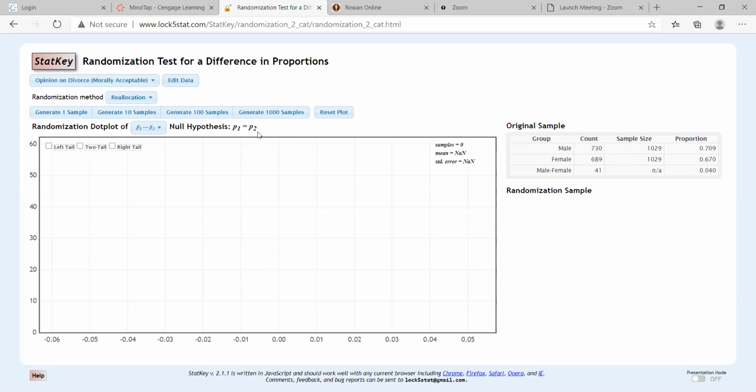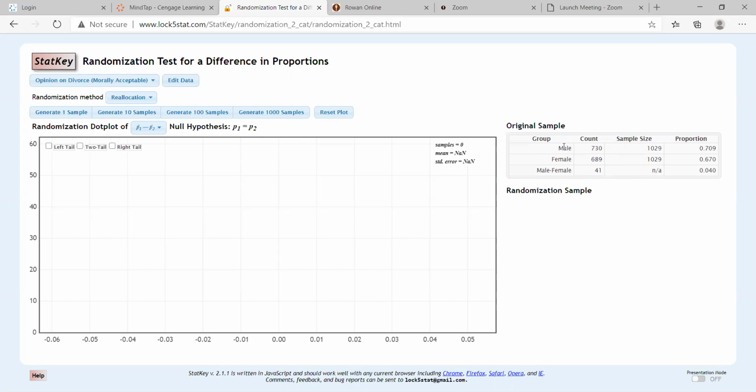So the null hypothesis is that the two populations, the males and females, there's no difference. Basically, there's no difference in terms of whether one thinks that divorce is morally acceptable or not, right? There's no difference between spouses in terms of that. And let's make the alternative hypothesis that more men than women say that divorce is morally acceptable, more men than women, which means that P1 is bigger than P2. Right?